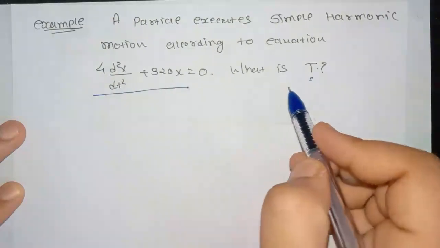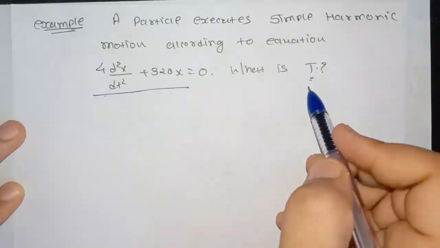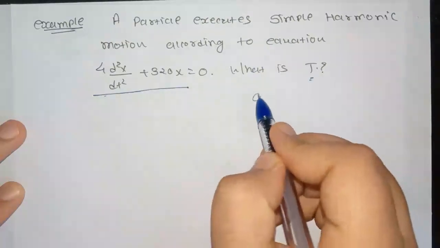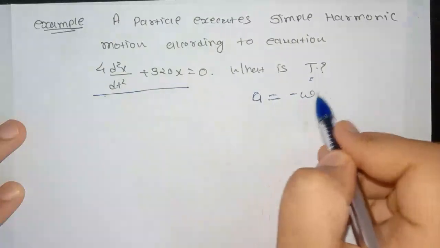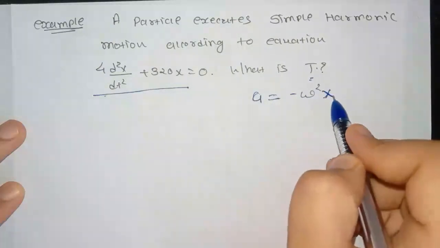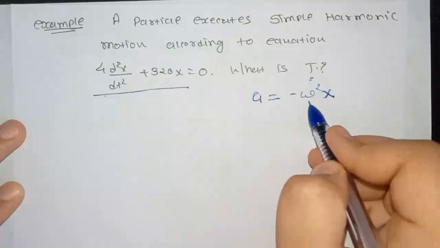First, we give it some small displacement, then we write all the restoring forces, and then we write the acceleration. If the acceleration follows the equation minus omega square x, then the particle will be performing SHM, and from the value of omega we can find the time period.